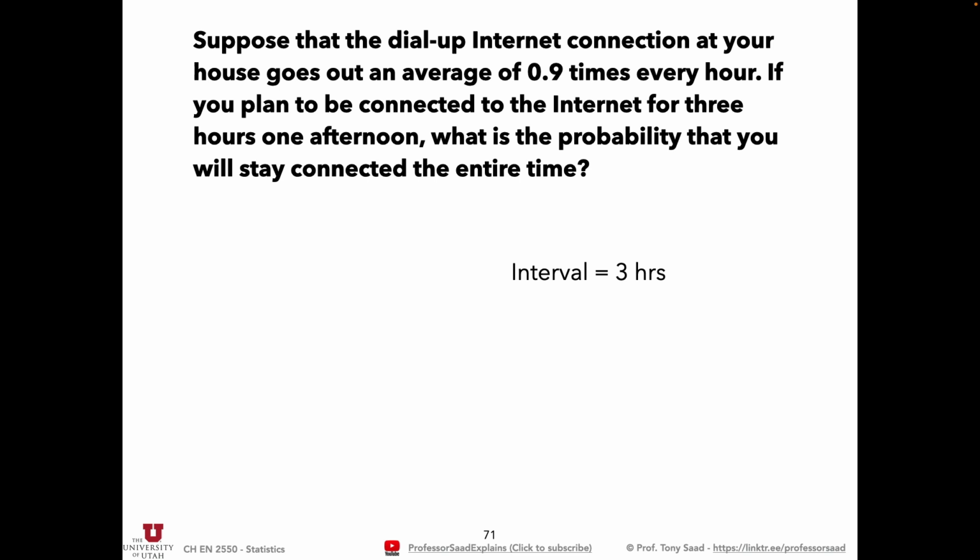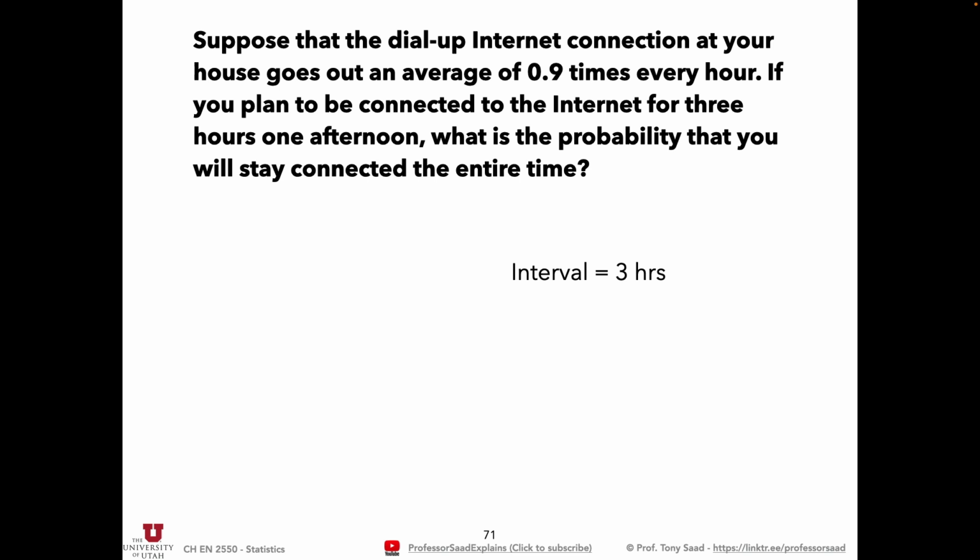So suppose that the dial-up internet connection at your house goes out an average of 0.9 times every hour, so almost 1 time per hour. If you plan to be connected to the internet for 3 hours one afternoon, what is the probability that you stay connected the entire time?